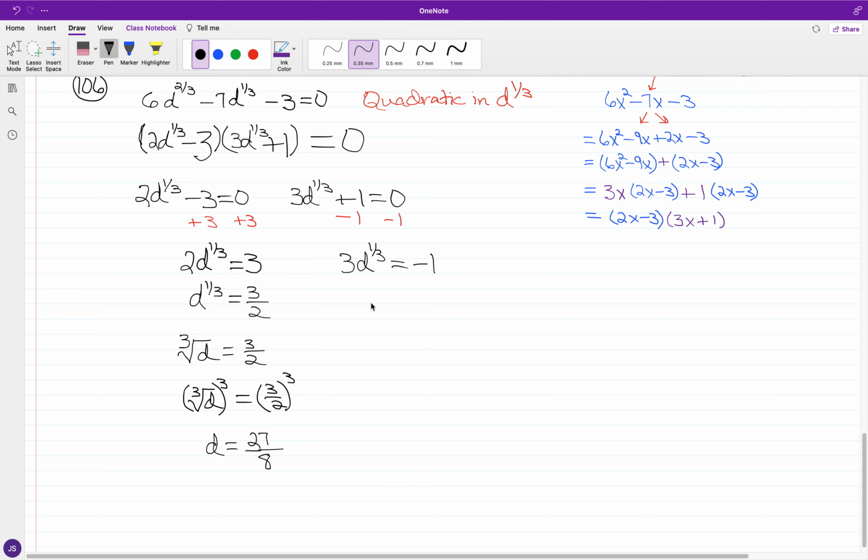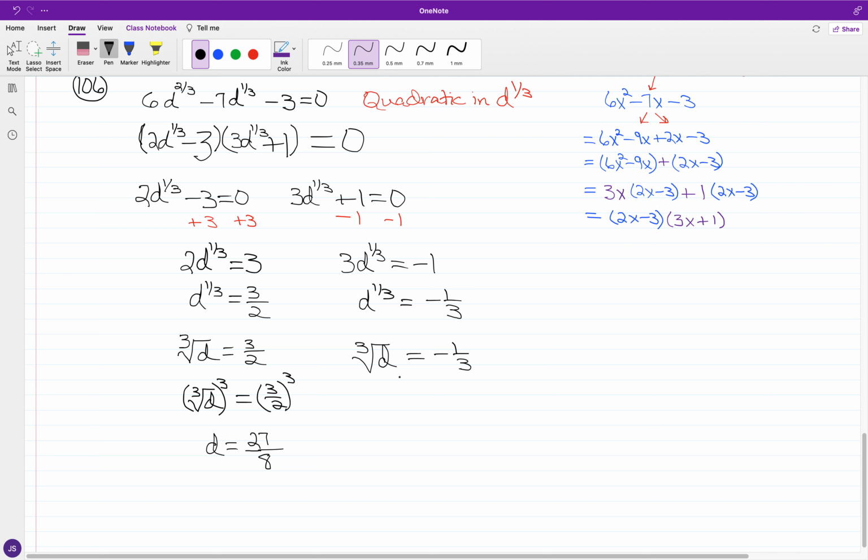With division by 3, I have d to the 1/3 is equal to negative 1/3. So the cube root of d is equal to negative 1/3.